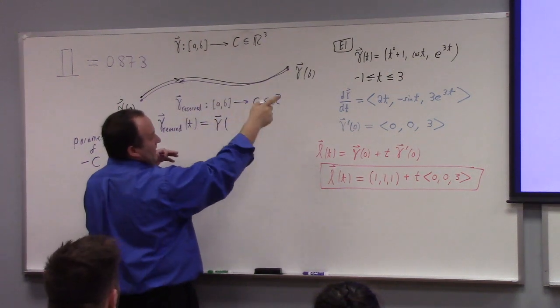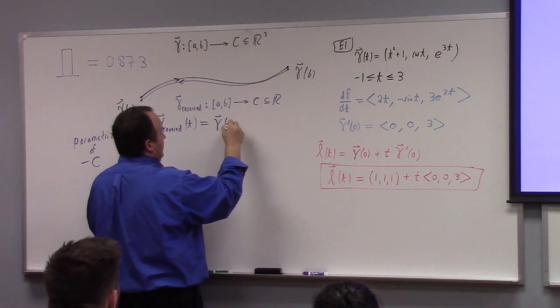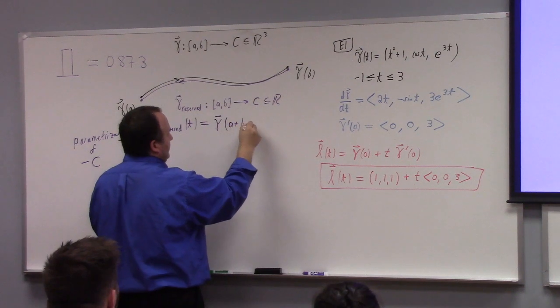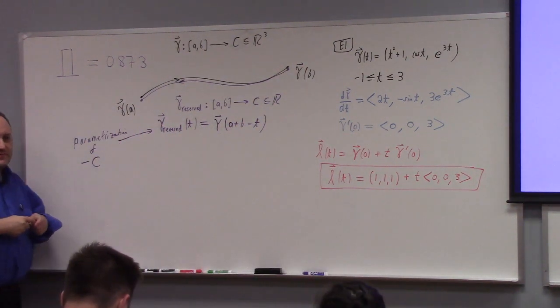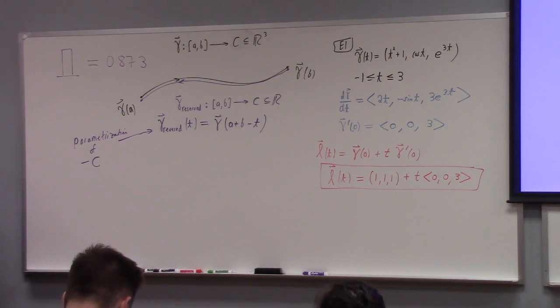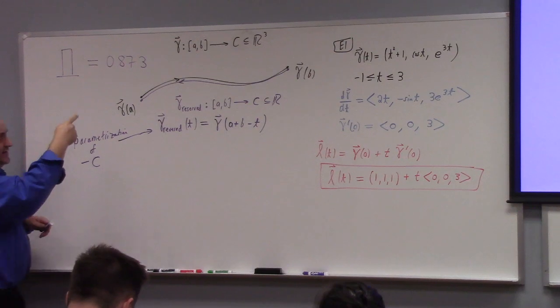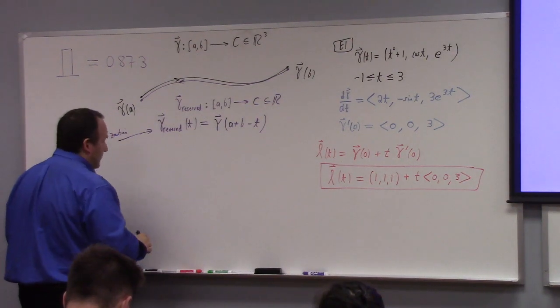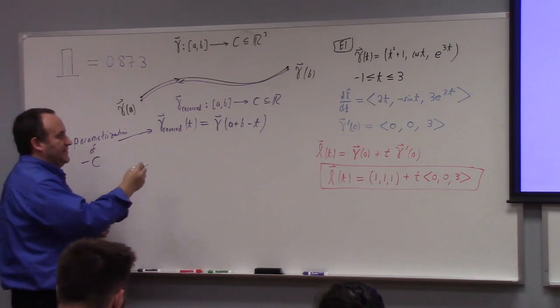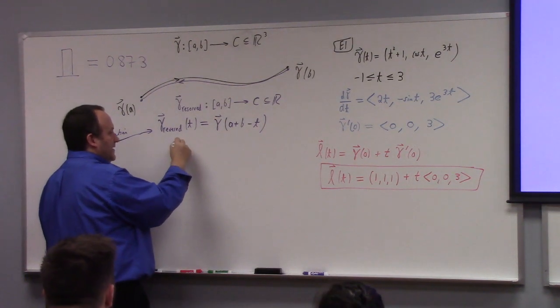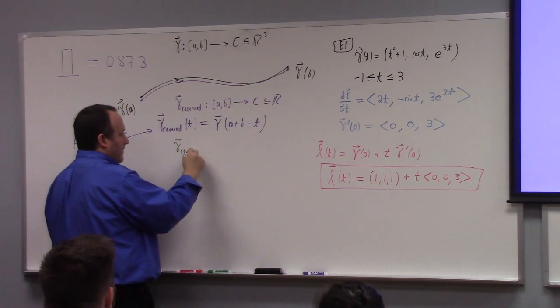take the original path that you had and feed it a plus b minus t. This will always work for a path which has its domain of the parameters as a to b. See how this works? Try it out. What happens when we plug in gamma reversed of a?